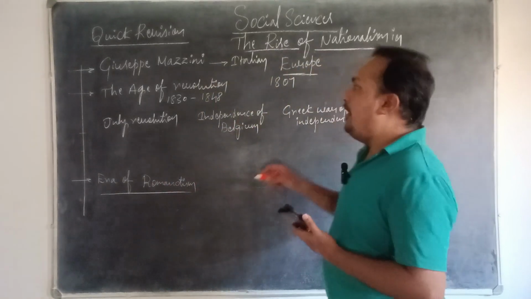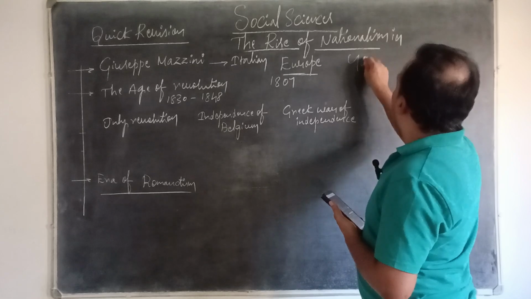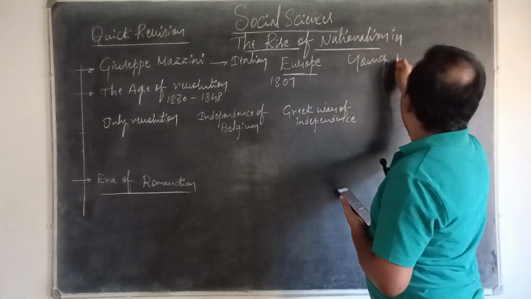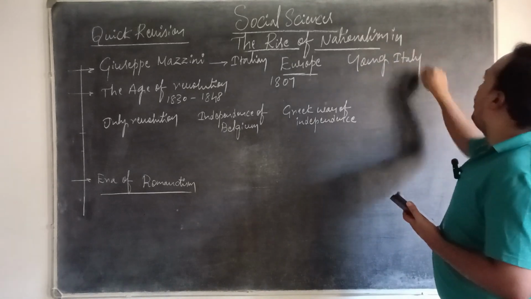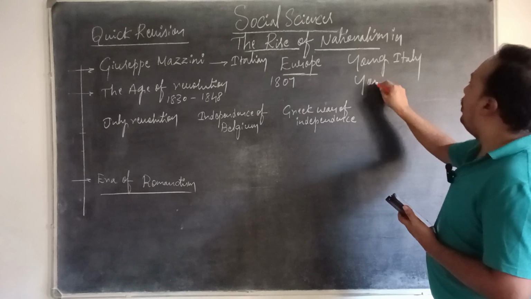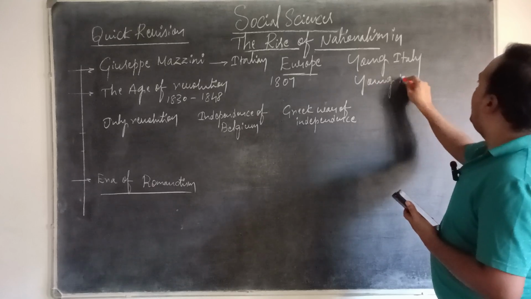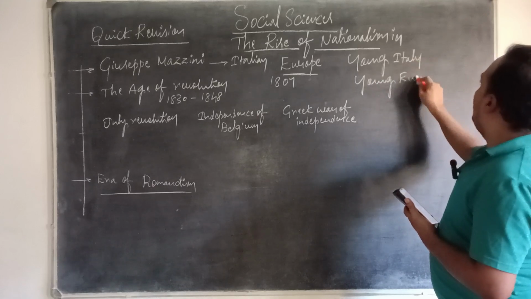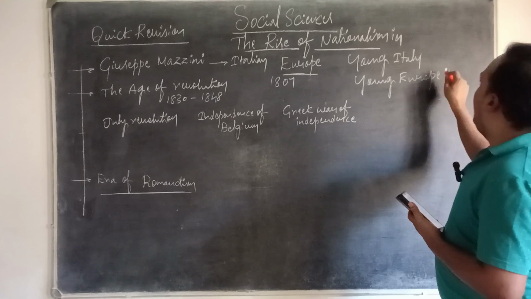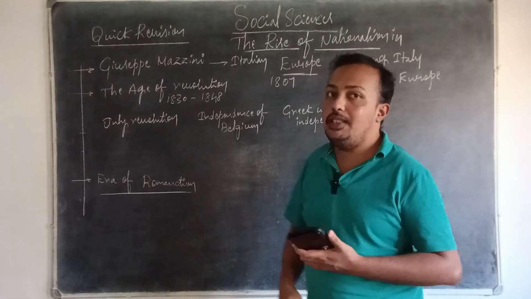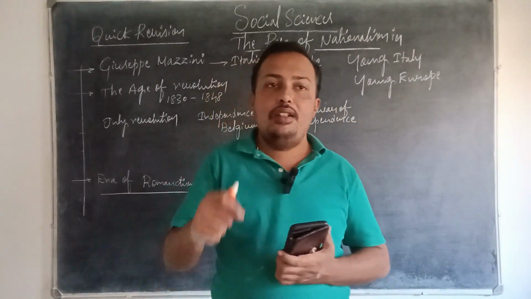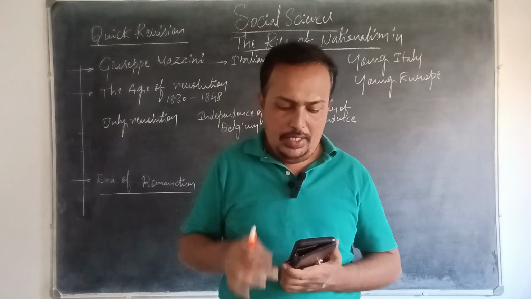That is Young Italy and Young Europe. These were the two secret associations founded by Giuseppe Mazzini.